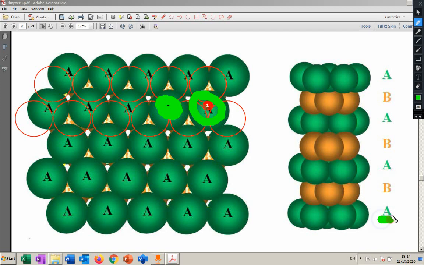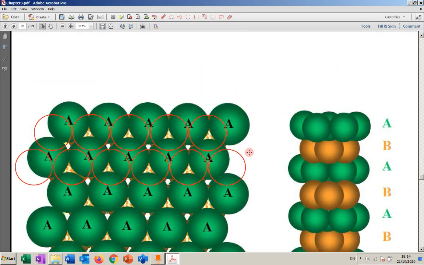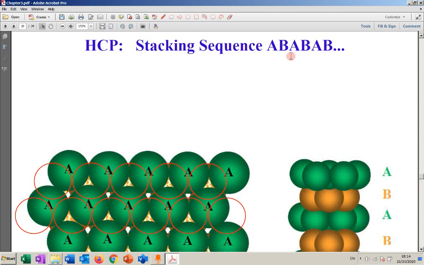That's why we call them A, B. We're repeating A, B, and that stacking will give us the hexagonal close packing crystal structure. This we call AB. It's repeating. There is no C. The layer A will put them back.